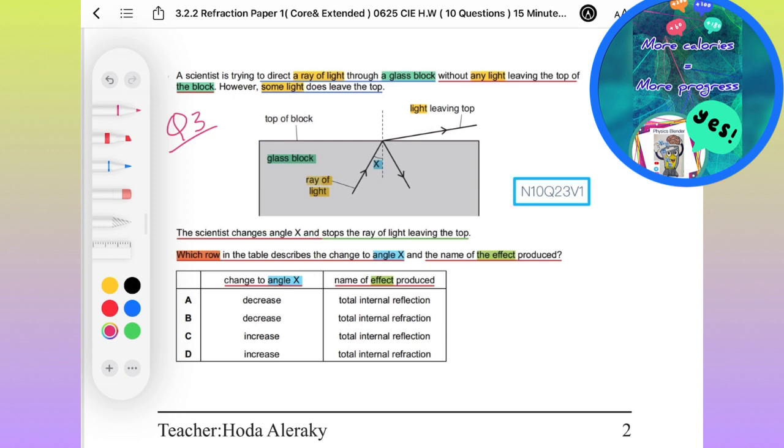The light is away from the normal, almost close to the boundary. If we increase angle x to be more than the critical angle, all the light rays will be totally internally reflected inside the glass block. So you can increase angle x, and the effect which will be produced here is total internal reflection.